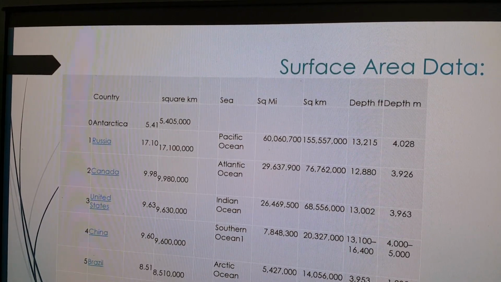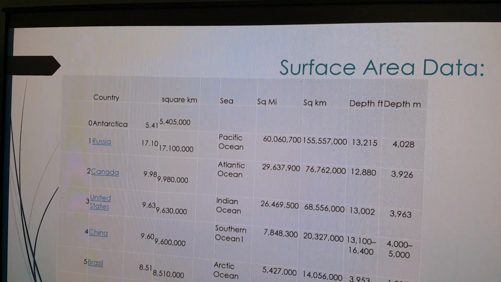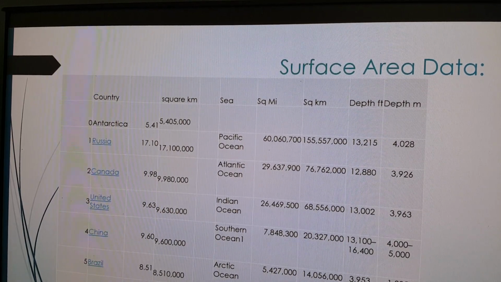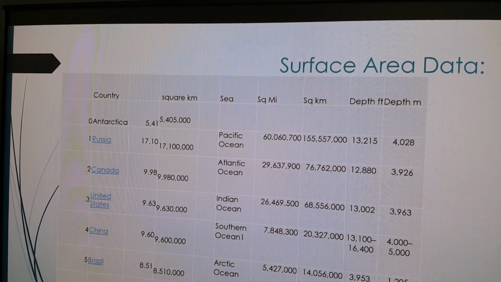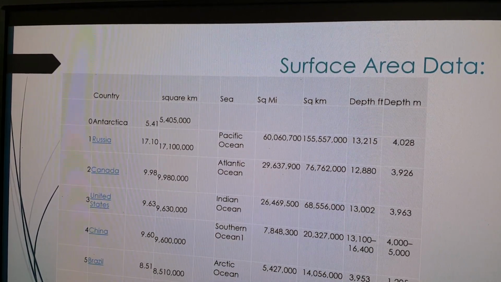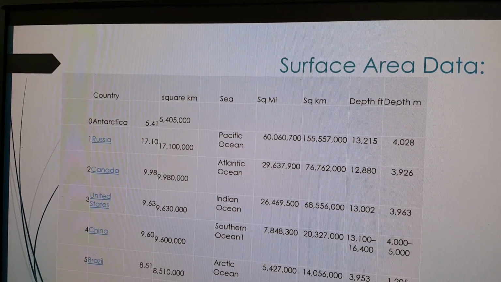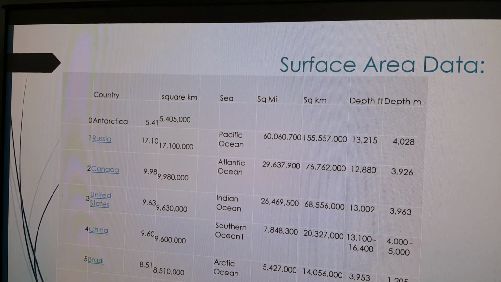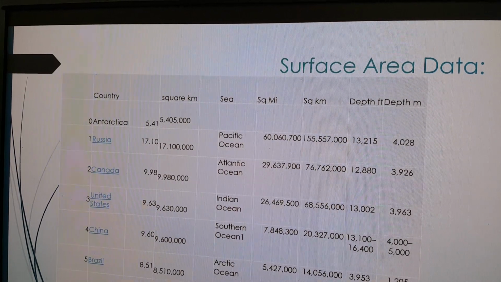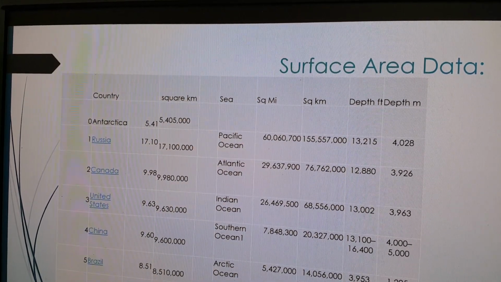And so it doesn't matter whether it's round or flat. These are the numbers that the country has for their surface area. The same thing for the oceans and seas. Those are reported probably by NOAA, and it doesn't matter flat or round. Those are just the surface areas that are there.